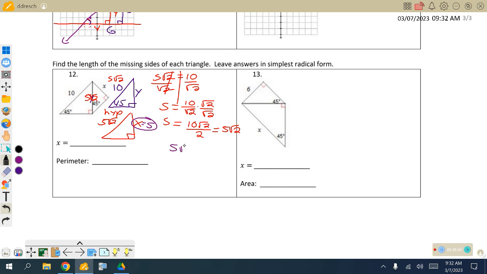Then set 5 root 2 equal to the hypotenuse, which is always S root 2. And those root 2's will again cancel out, and that's why you can say 5. Okay. So X is 5. We're not going to do the perimeter. Who cares? Okay. Now, that's day 1.